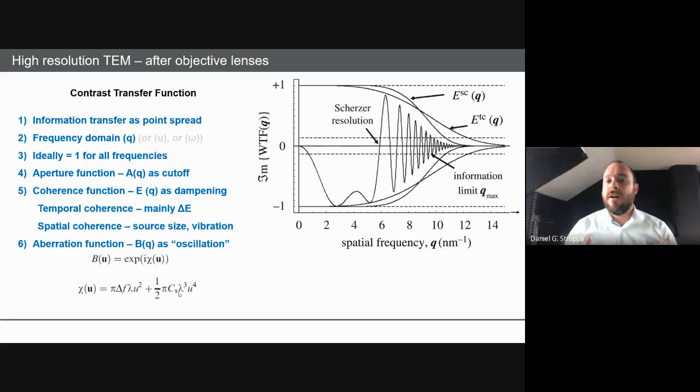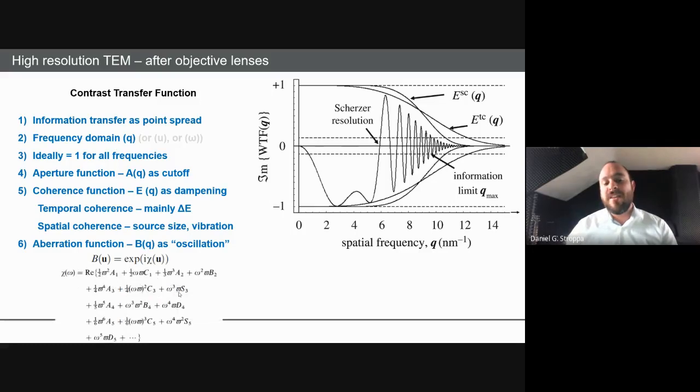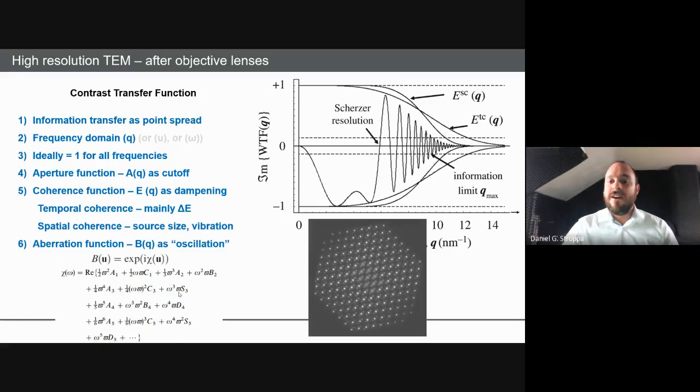Both of these effects will lead to inversions in the contrast. So the main message here is that what you see in high resolution TEM is not necessarily white spots for white atoms. There is the transfer of the electron wave going through the sample that may have reversals, and also your lenses can cause reversals in the transfer function.